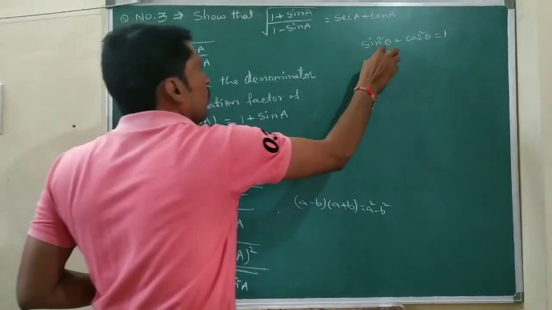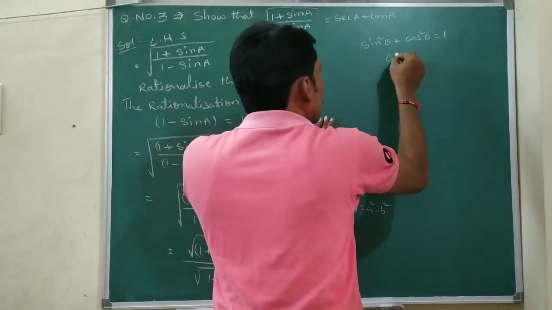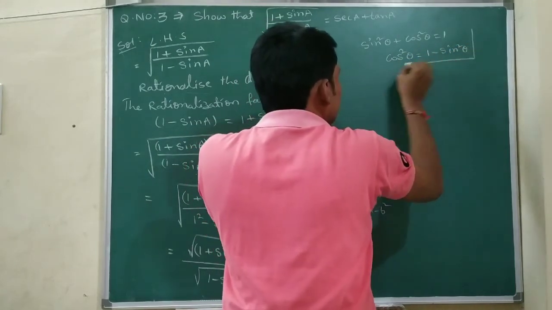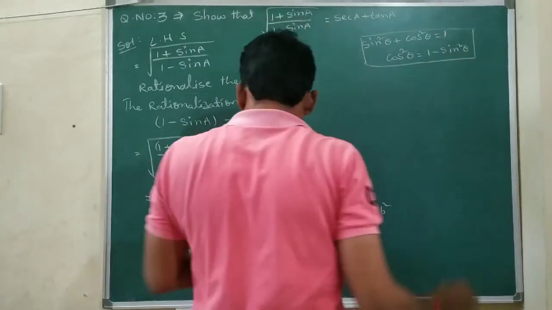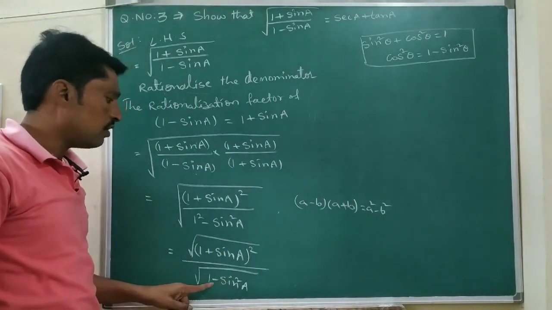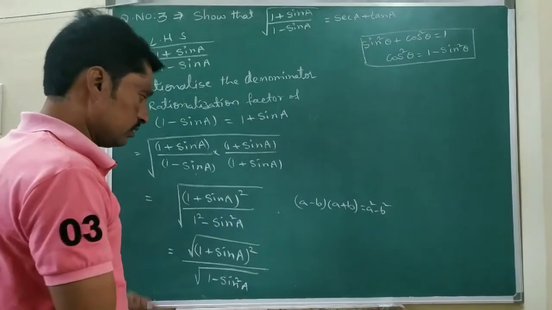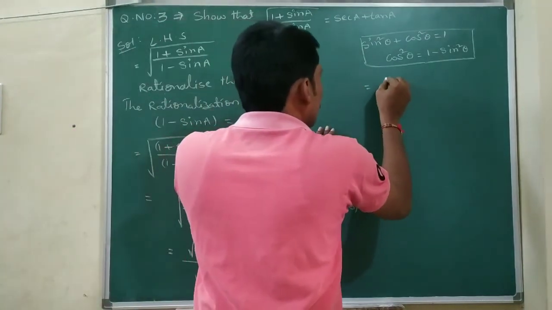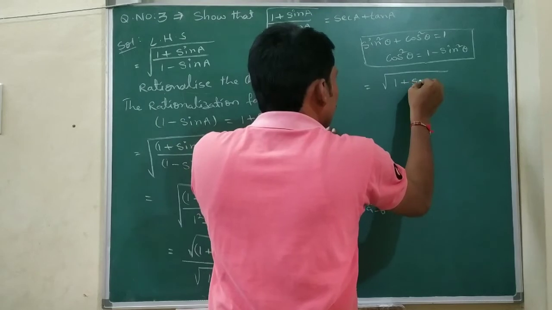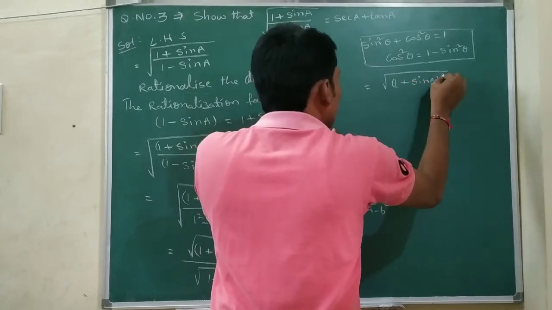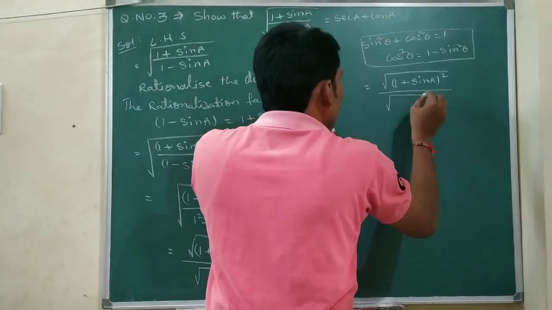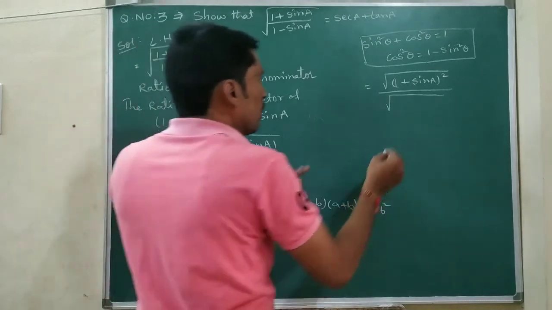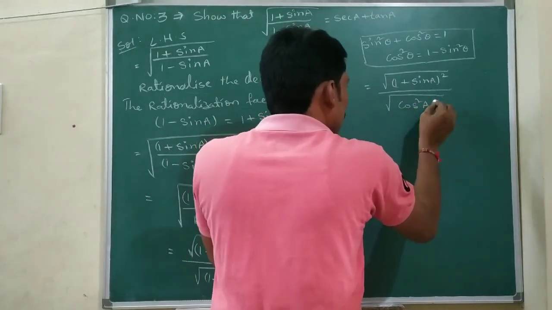So transposing sin square theta, we get cos square theta equals 1 minus sin square theta. Instead of 1 minus sin square theta we can take cos square theta. As it is, under root 1 plus sin A whole square, divided by under root 1 minus sin square A, which means cos square A.